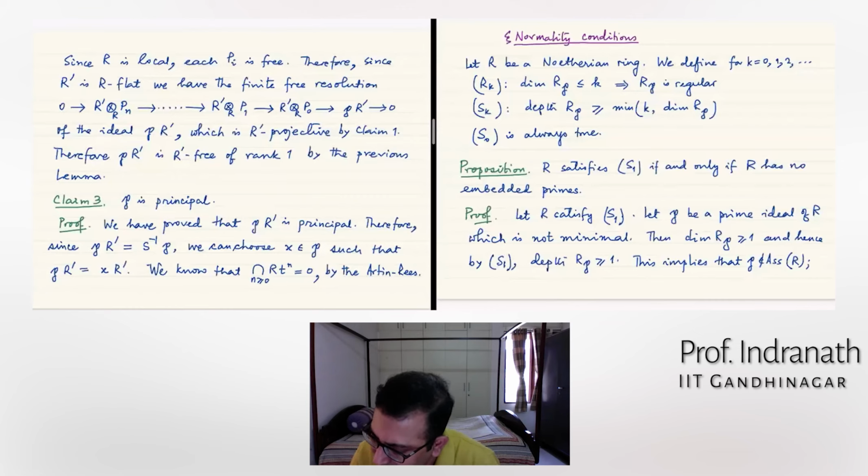But we are trying to show under what condition, when you localize, you have a normal domain. So how it connects to regularity is what we intend to do, and we will be using these conditions. But let me not get into this today because it will be an incomplete story.